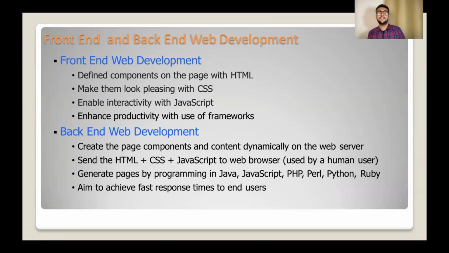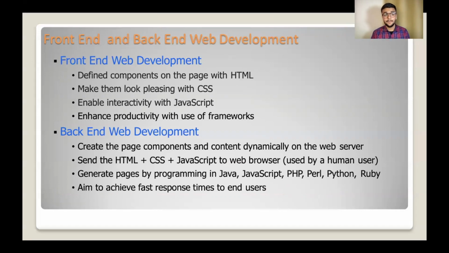Now, the difference between front-end and back-end web development. Front-end development is the UI and UX side of development in which the components are defined in the form of HTML and made to look pretty with the help of CSS. Interaction is enabled with the help of JavaScript and many frameworks are used to enhance performance.